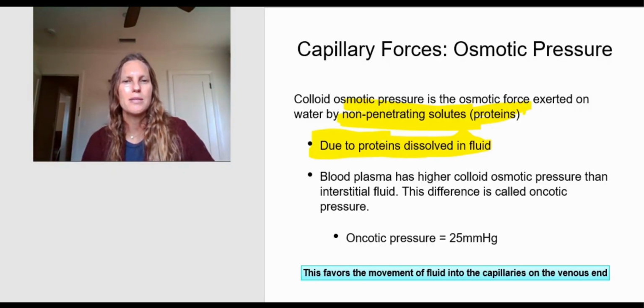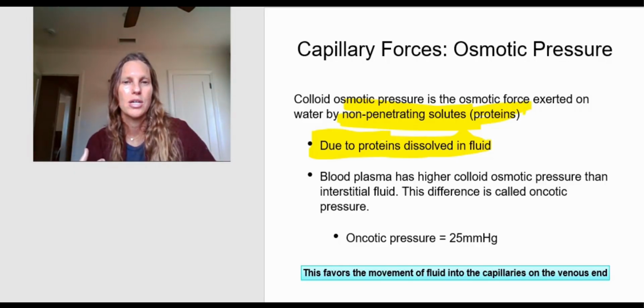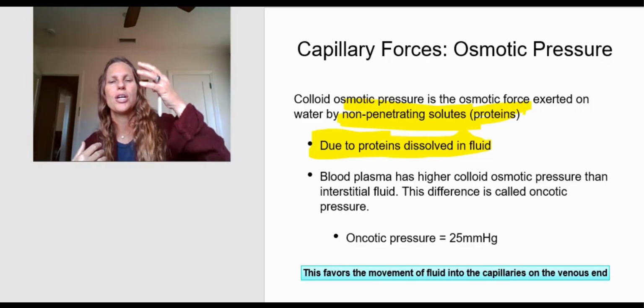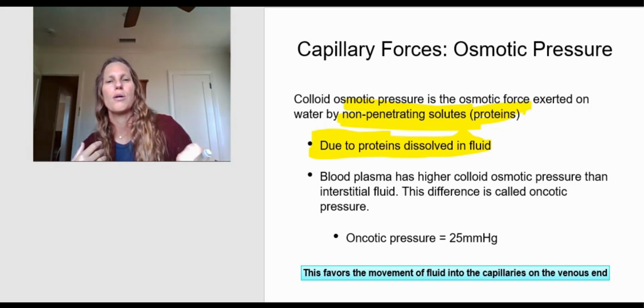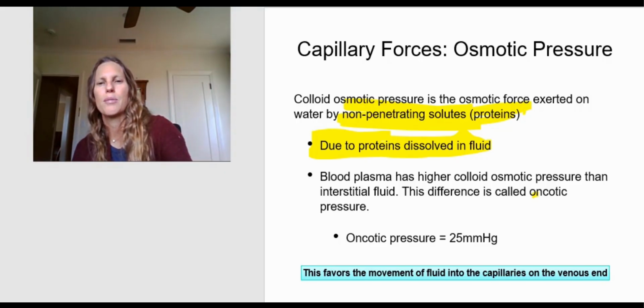So blood plasma has higher colloid osmotic pressure than interstitial fluid. That means that there's more protein in the capillary than out. The difference between the protein inside of the capillary and the protein outside of the capillary is called oncotic pressure.